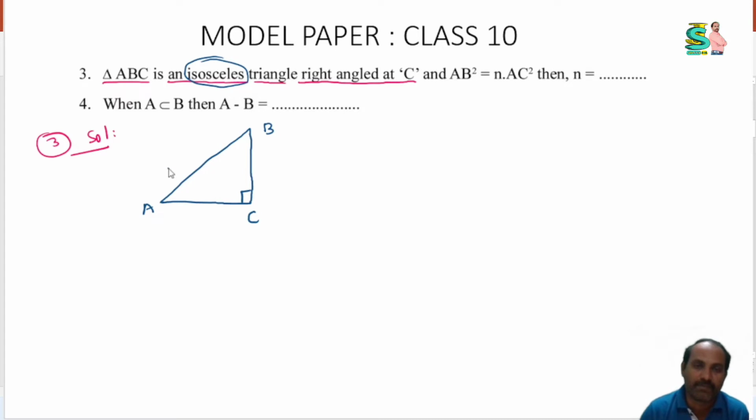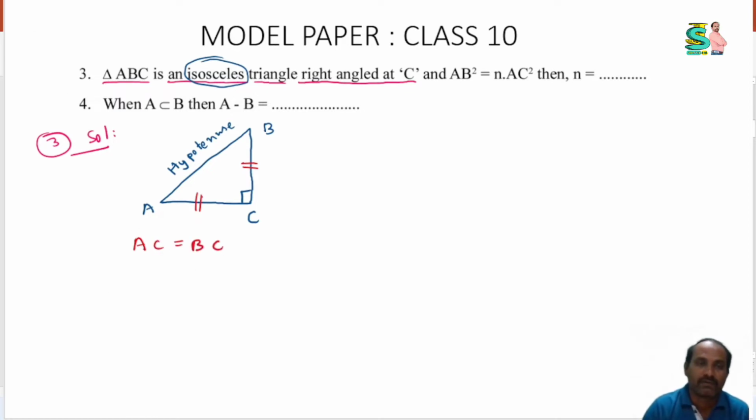This one is the hypotenuse, which is the longest or largest side in the triangle. So the remaining two sides are equal, since it is an isosceles triangle. This side and this side are equal, which means AC is equal to BC.